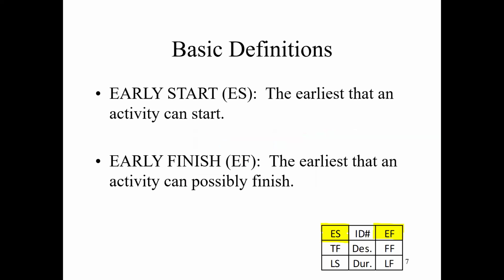If you look in the top row here, we have ES and EF. ES means early start, EF means early finish. We already introduced it. ES is the earliest time the activity can start, and EF is the earliest time the activity can possibly finish, right? And then we move into the last row here.